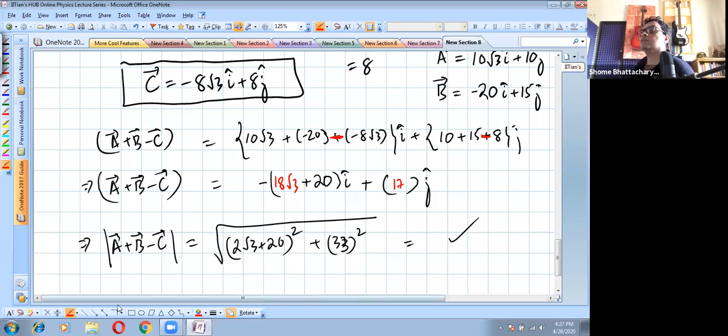So anyway, that will be your final answer. Okay, 18 root 3. So I've taken the minus sign common.